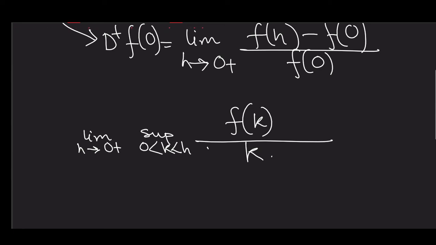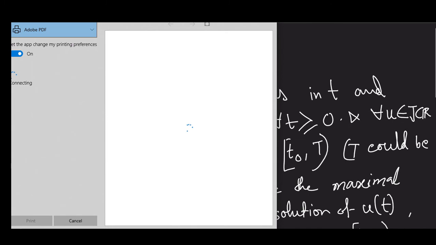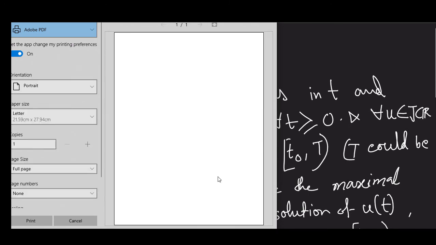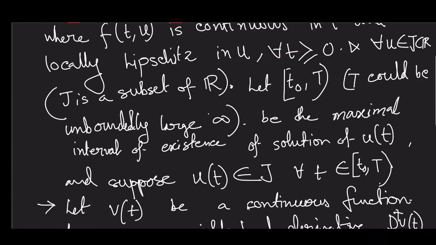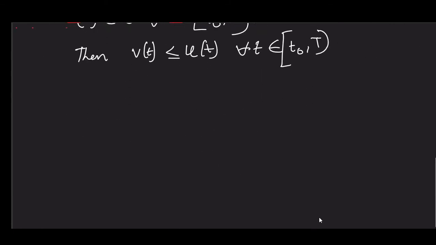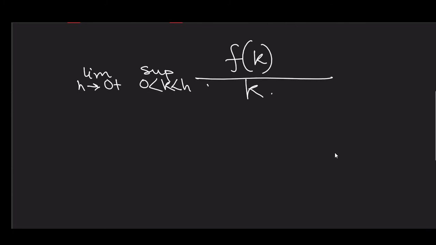So how will that superior be? Although we have two parts, x and 2x, x for the rational part and 2x for the irrational part, obviously when you are approaching 0, you cannot jump from one rational to another rational skipping the irrational part.